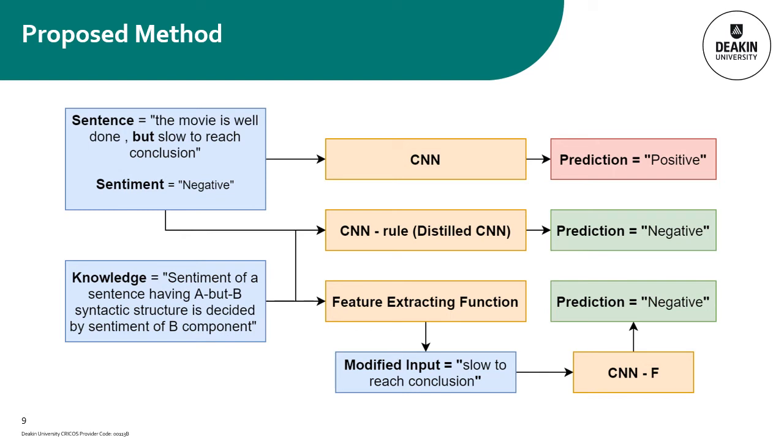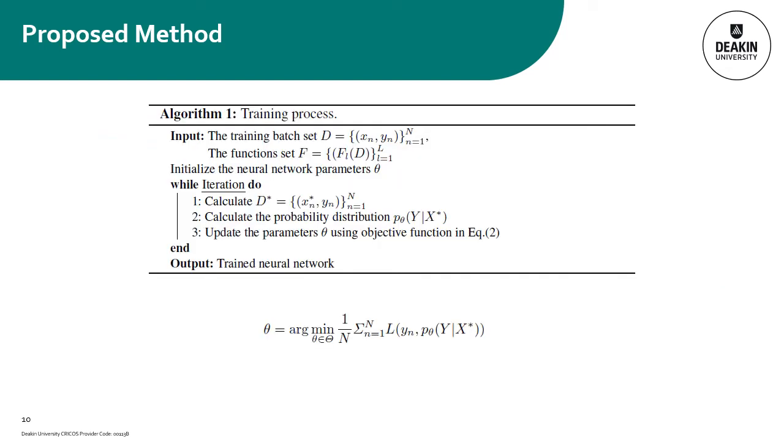So this slide provides an example-based explanation of our proposed method versus the augmentation-based method and a simple normal CNN neural network, which is devoid of any logical or human knowledge support. We can summarize the training process of our proposed method as similar to the training process of a general purpose neural network, where we have as input the training dataset and the feature extraction functions constructed from logical rules.